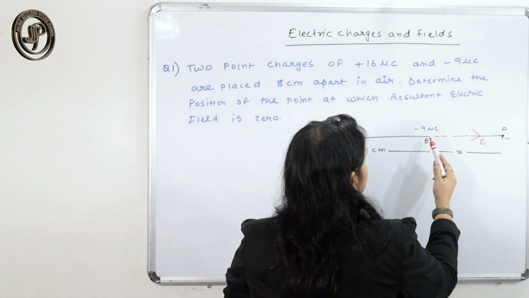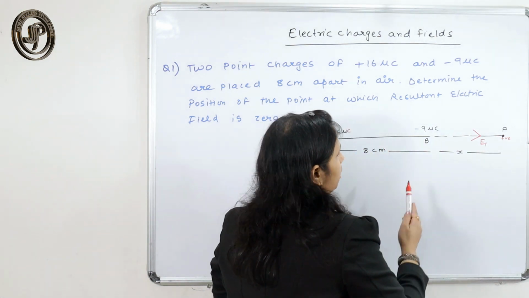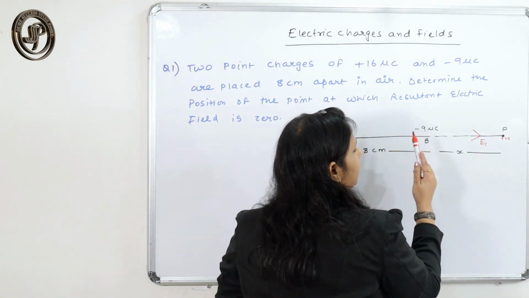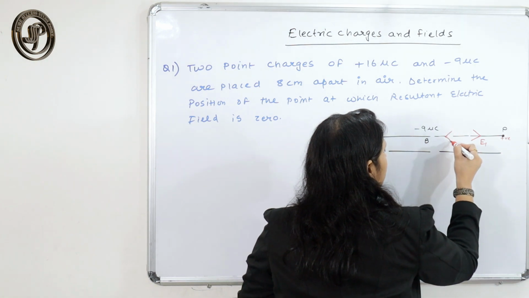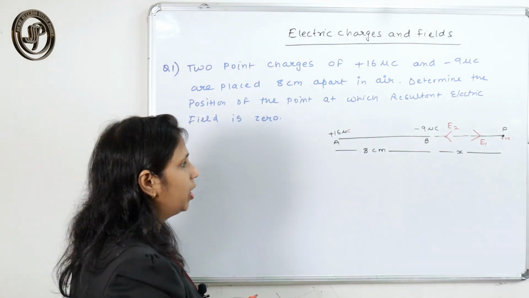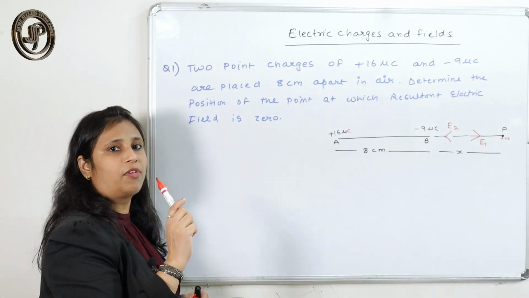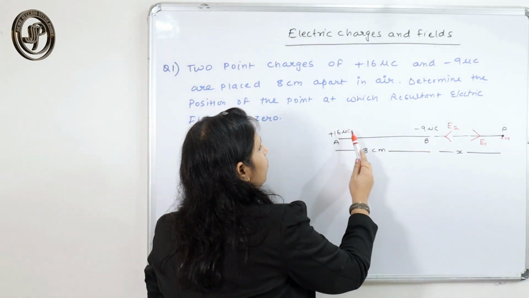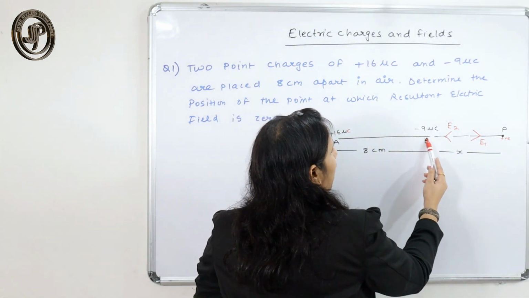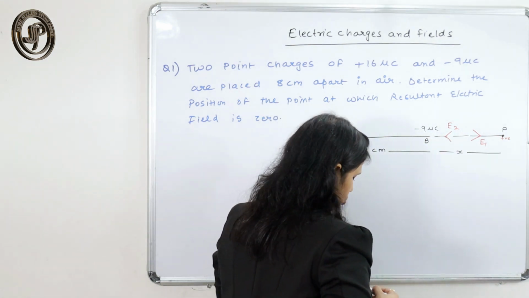Now if you see here, the two are of opposite sign, so in that case your direction of electric field will be towards the source charge. This you just need to memorize, how we find the direction of electric field. If both are of same sign, direction is away from the source charge, and if both are of opposite sign, direction is towards the source charge.